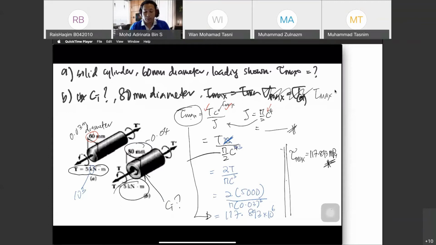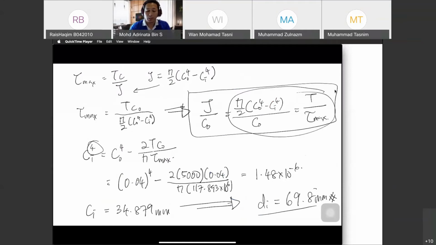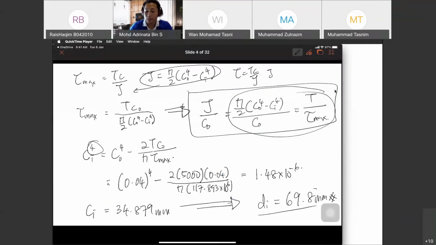Okay, so from the equation yang kita ada, tau max equals to TC over J, kita ada J untuk inner diameter. So kita kembangkan equation untuk kita selesaikan dan dapatkan kita punya inner diameter ni.